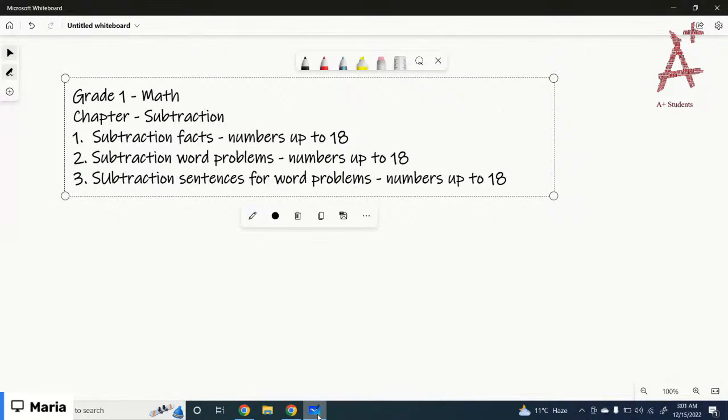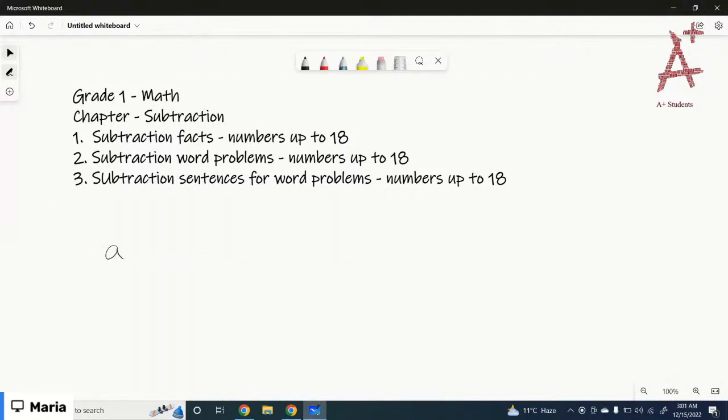So, we're going to start with grade 1 maths. You can find all the lessons on aplusstudents.com.